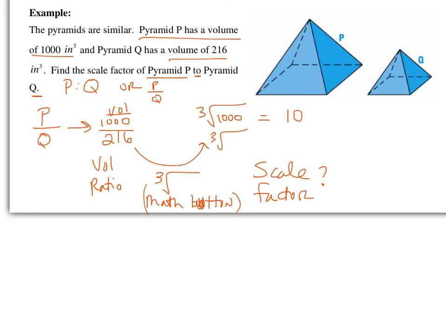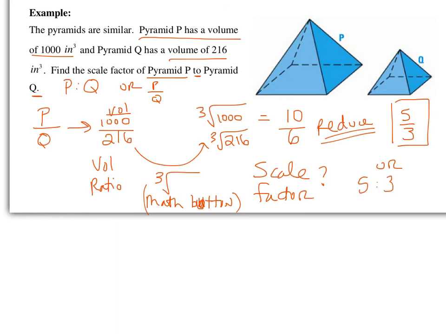And the cubed root of 216 gives me 6, because 6 times 6 times 6 is 216. And when I reduce that, because we always want to reduce, we get 5 over 3. Or you can write it side by side if you want, so 5, 2, 3.